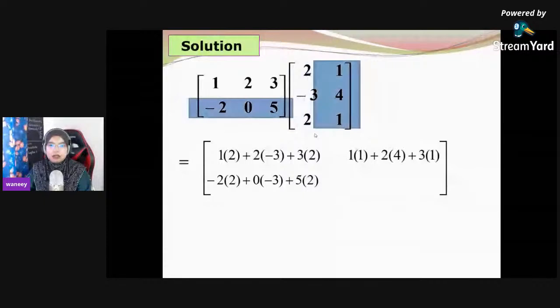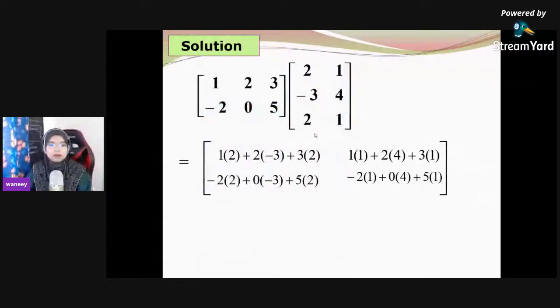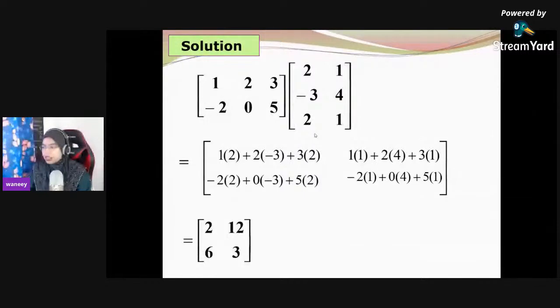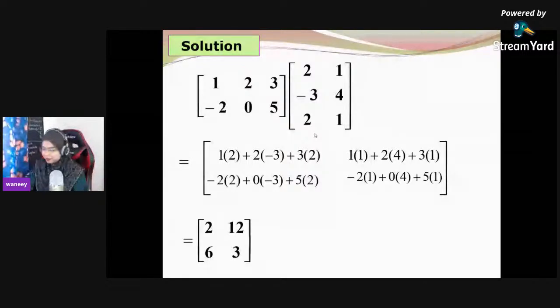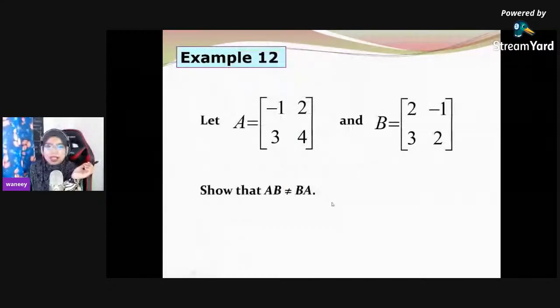And then second row, second column: -2 times 1, 0 times 4, 5 times 1. So simplify them, and we will get 2, 12, 6, 3. So it is correct. Okay, done.